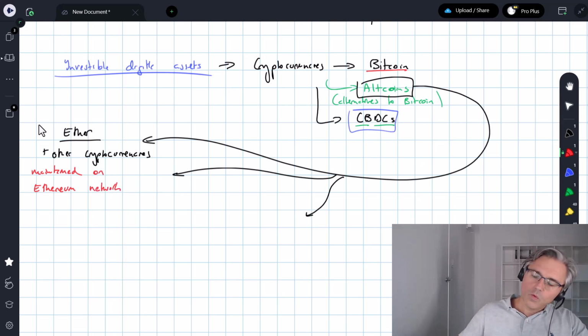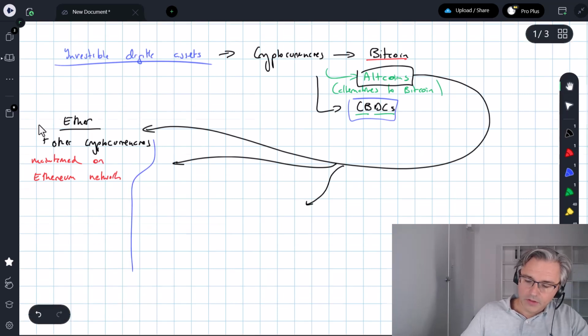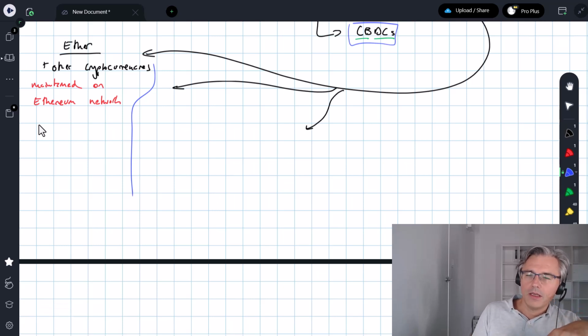What you should know about Ether, there's a lot potentially to learn, but what you should know is that Ether is an example of a programmable coin, because it's based on the blockchain.